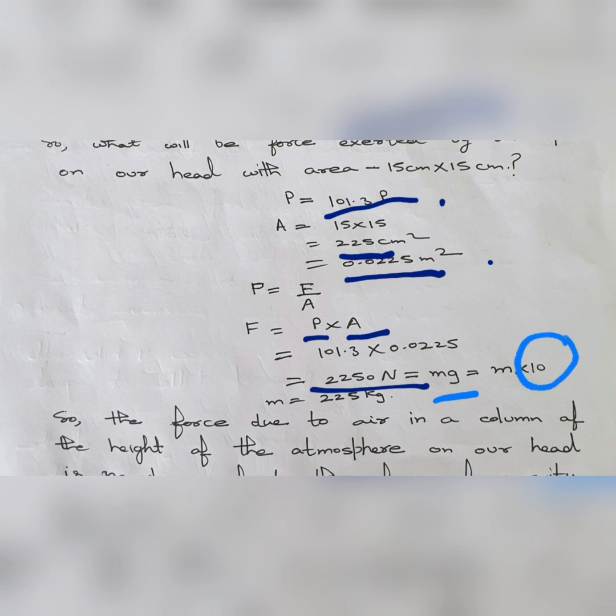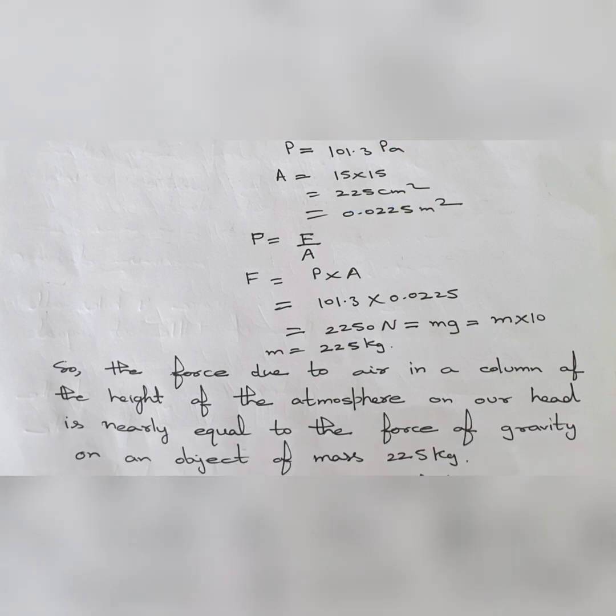So the value of m will be 225 kilogram. So the force due to the air column overhead is equal to the force of gravity on an object of mass about 225 kilogram. Such a huge force is there on our head due to atmospheric pressure.